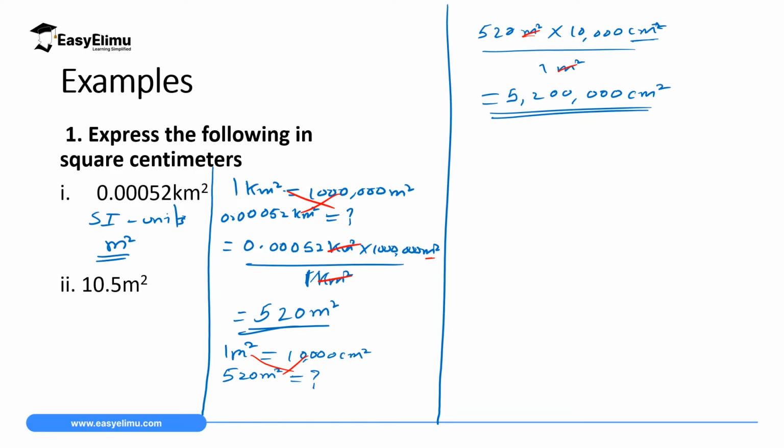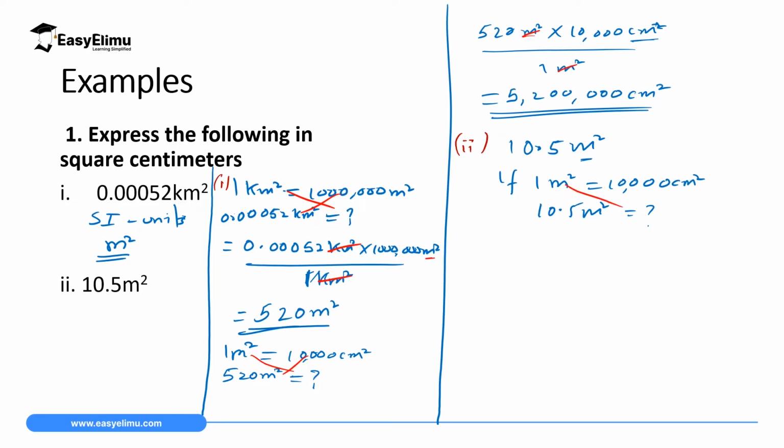Now if we go to question 2, this was question 1. Question 2 requires us to change 10.5 square meter to square centimeter. This is already in SI units, so we just write it directly. If 1 square meter is equal to 10,000 square centimeter, then how many square centimeters are in 10.5 square meter?